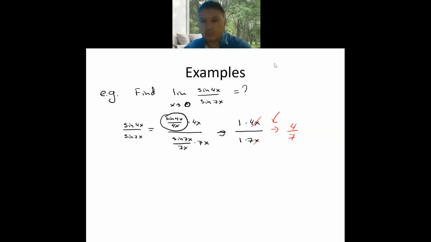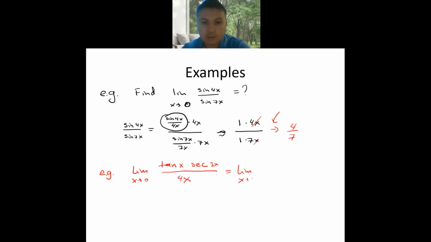Okay, one last example. Let's try to compute the limit as x goes to 0 of tangent of x secant of 3x divided by 4x.